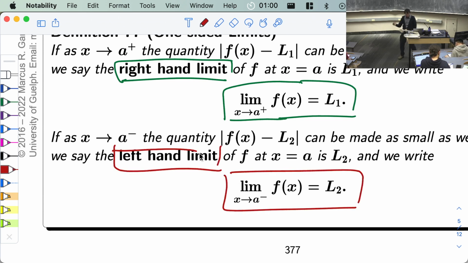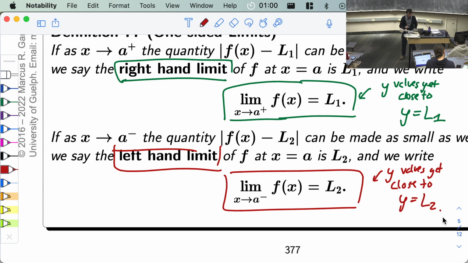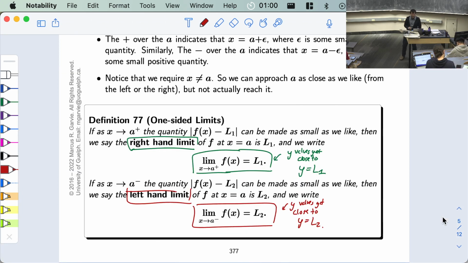And when the y values get close to y equals some value L, then we say the limit equals L. So this represents the y values getting close to y equals L1, and this one represents the y values getting close to y equals L2.